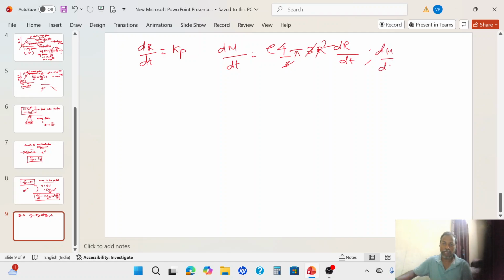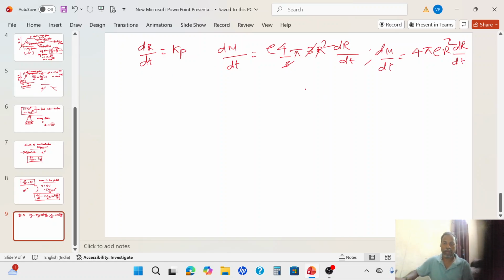dm by dt is equal to 4 pi rho r square into dr by dt.